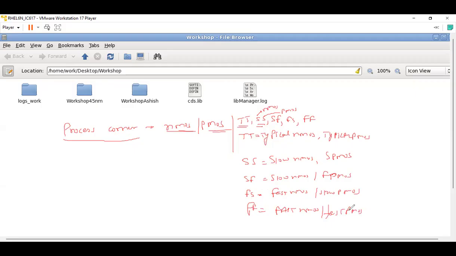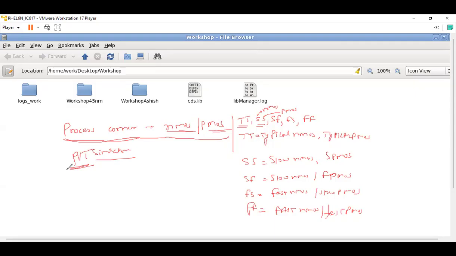Now, what is the difference between slow and fast? Actually, whenever you write an academic paper or do some sort of research, usually the reviewers ask you to do the PVT simulation, whether you work on analog VLSI circuit design or digital VLSI circuit design. In both cases, if you do not do PVT simulations, the results are not taken as valid or good results.